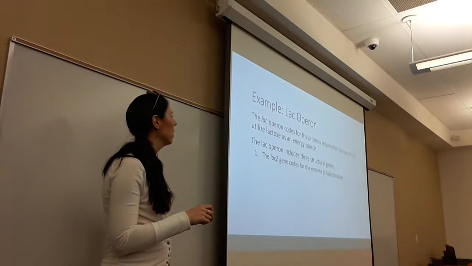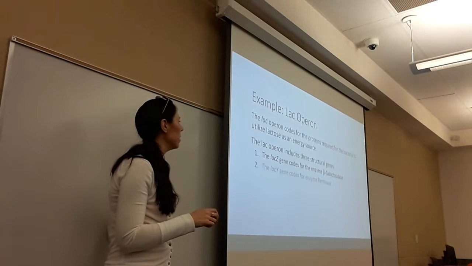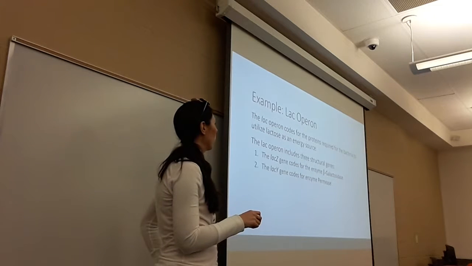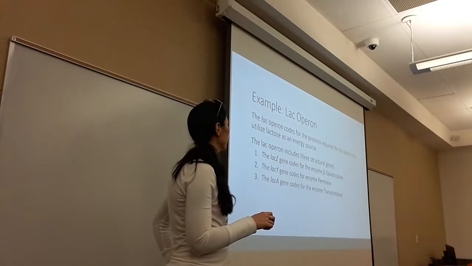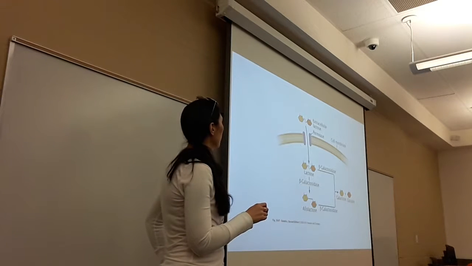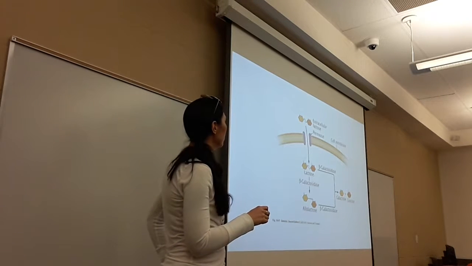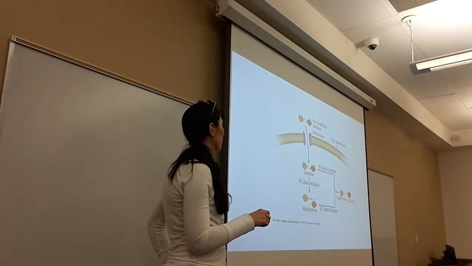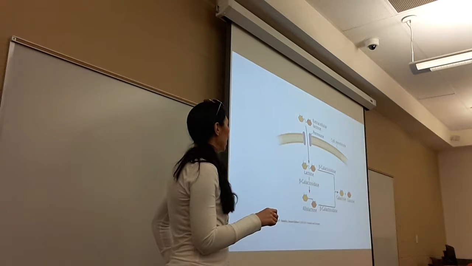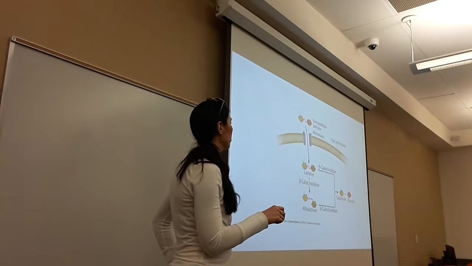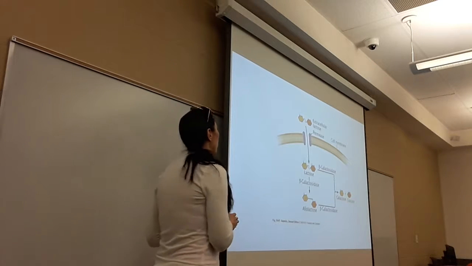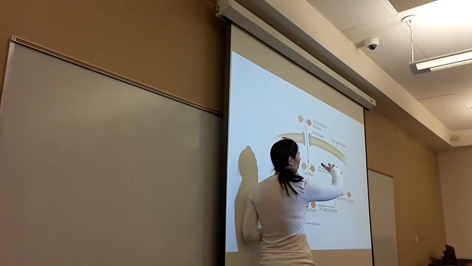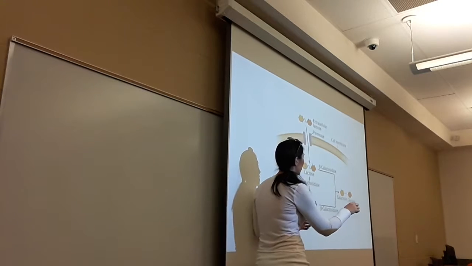That's lacZ, that encodes for beta-galactosidase, lacY that encodes for the permease, and lacA that encodes the transacetylase. So the permease allows lactose to come into the cell. Beta-galactosidase has 2 functions, converts lactose to allolactose, as well as cleaves it into galactose and glucose. Okay. So these are all important for making sure we can use glucose as an energy source.